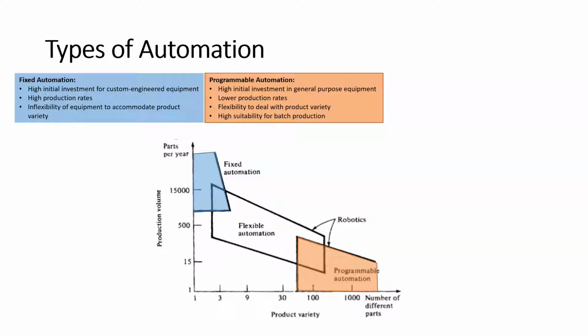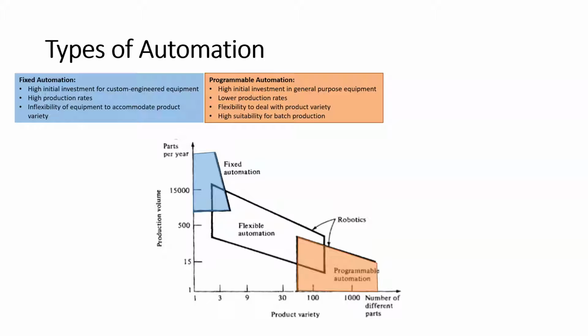Batch processing is when a production environment is going to work on, let's say, this widget for the first week. We're going to make as many widgets as we can for a week. And then we're going to switch and make another type of widget for the next week. Between the two widgets that we're making, there may be reprogramming that's necessary.